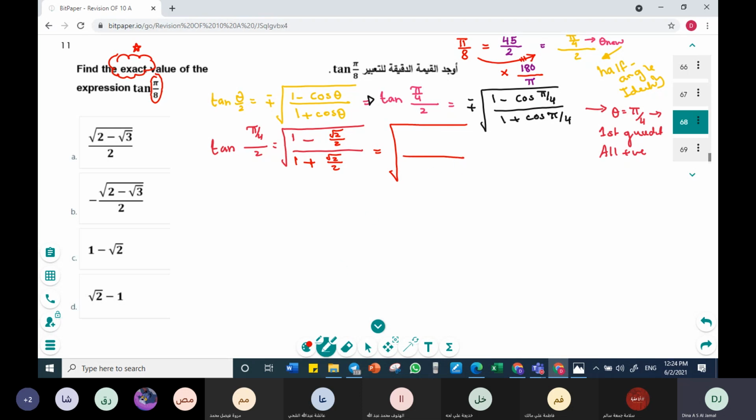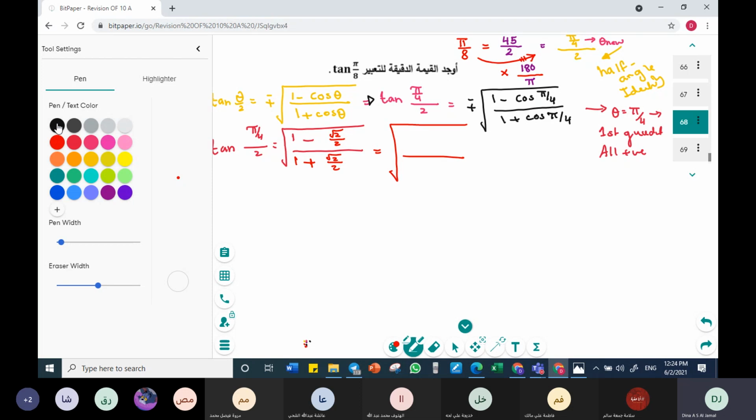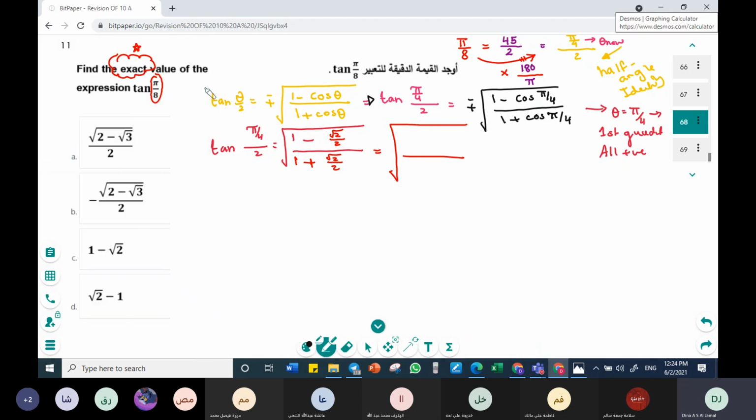Put it in your calculator. 1 minus square root of 2 over 2, over 2 plus square root of 2 over 2. 1 minus the numerator, not the denominator. Pay attention. You will be changing the solution if you made it like this. 2 minus square root of 2 over 2. Good.